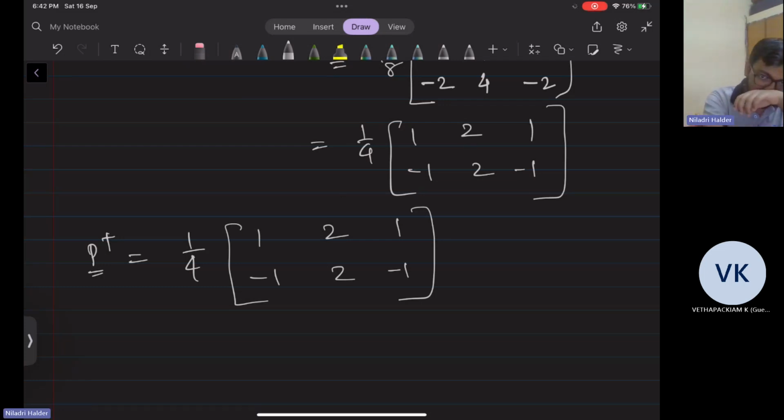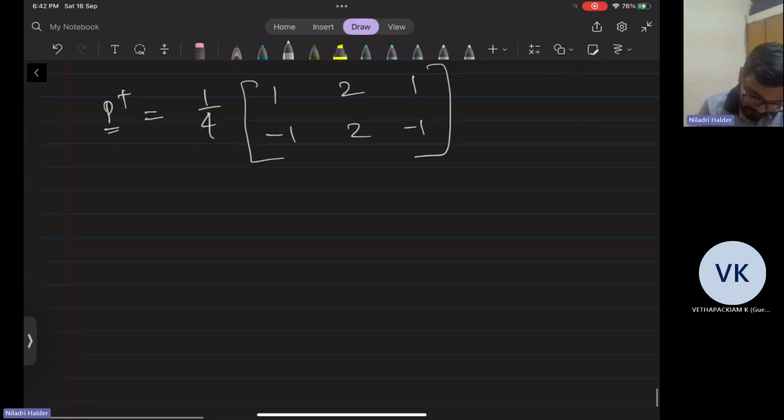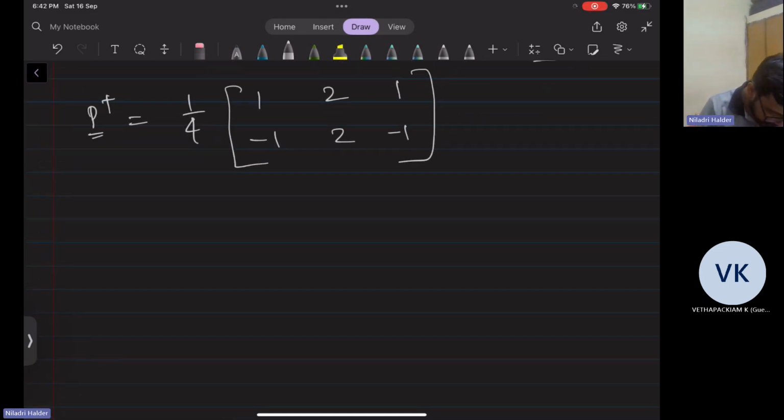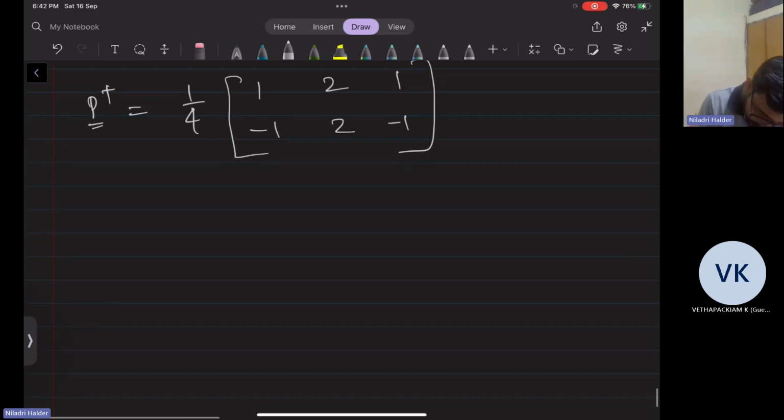So this is the process to find the pseudo inverse. In the assignment, maybe you need to find the pseudo inverse of some given matrix, so the process is the same. Then the second question.